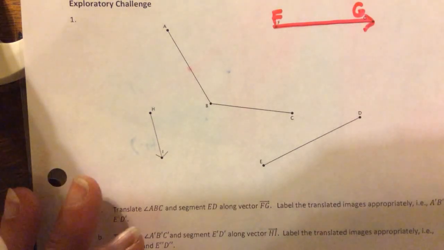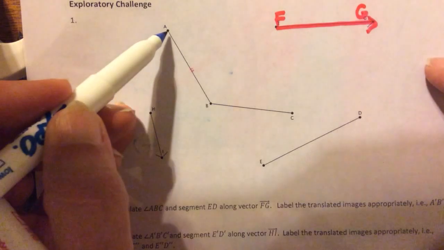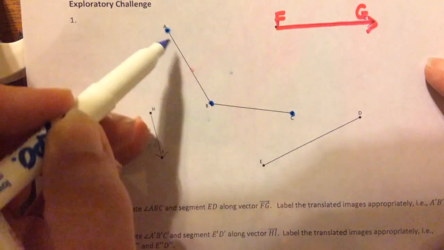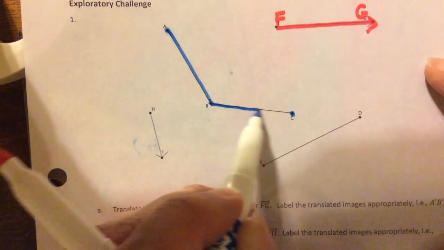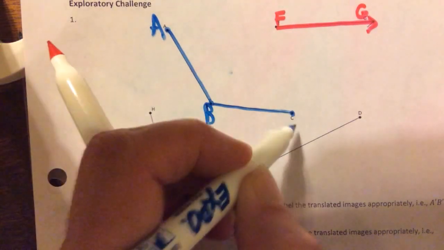And then let's put my figure in a different color. And I've got angle, I've got points A, B, and C, and then segments between them forming an angle. Okay. Go ahead and label these A, B, C.